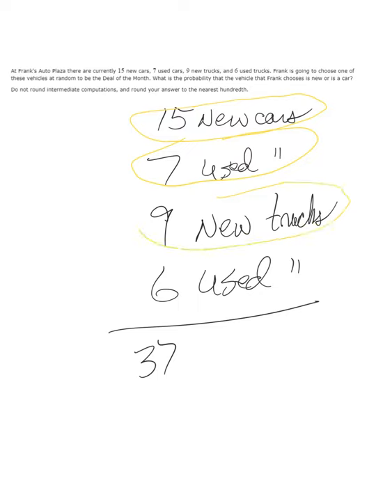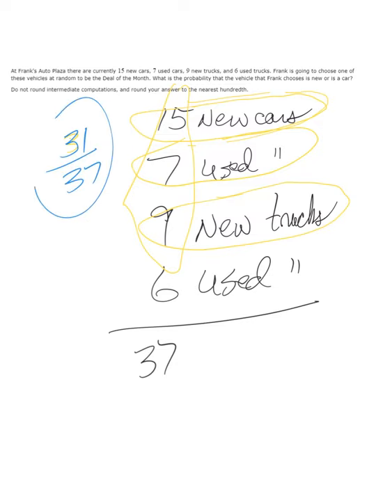New truck, and this is a new car, which we've already counted. So I've got these numbers here, 15, 22, that's 31. So I've got 31 either cars or new items out of this 37. Type it in my calculator, give me 2 decimals, plug it in, should be golden.